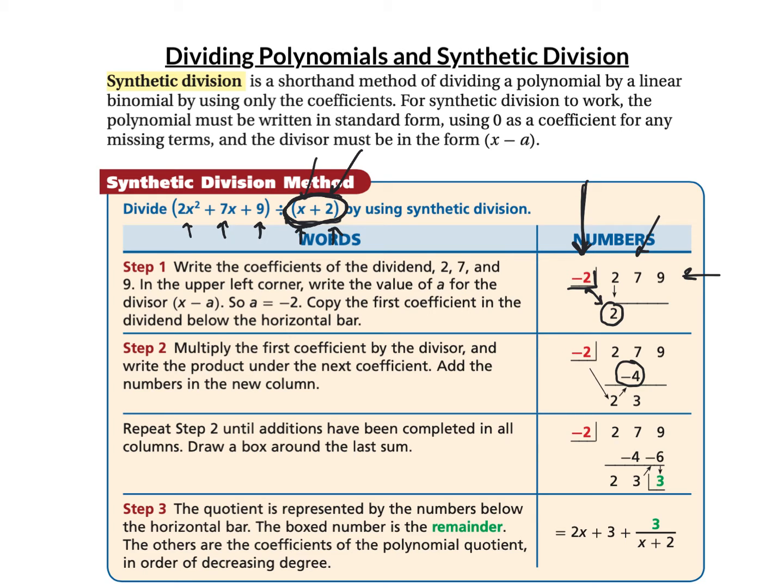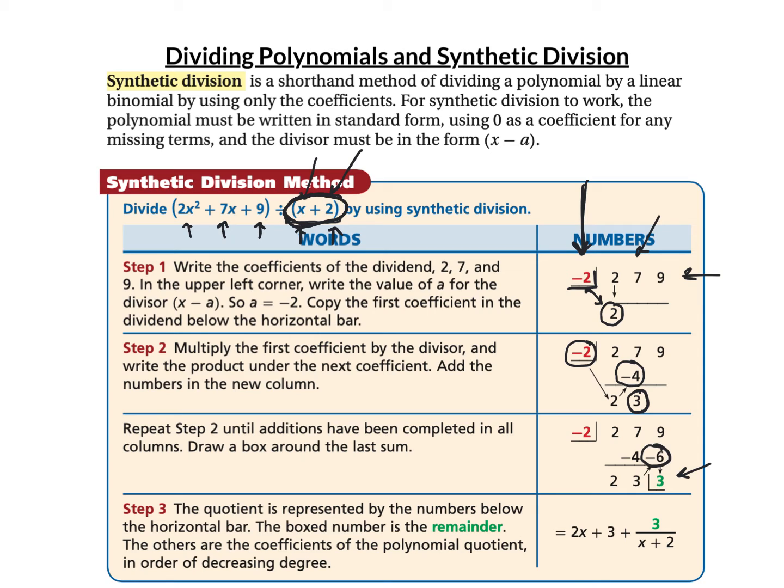With synthetic division, you add. So 7 plus -4 is 3. Then you multiply. -2 times 3 makes -6. And then you add. 9 plus -6 is 3, and 3 is our remainder.